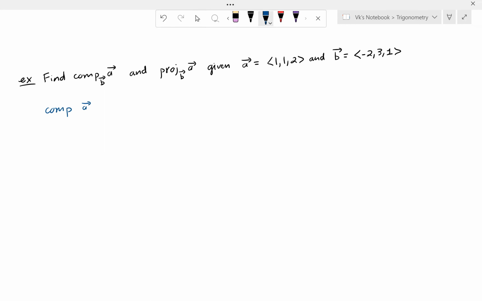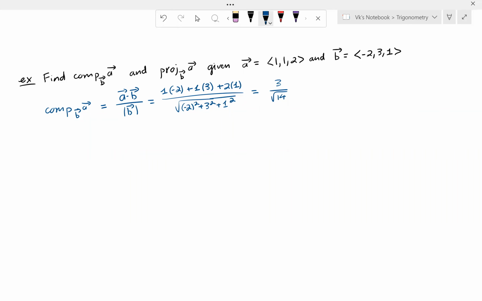The component of A onto B is given by the formula A dot B over the magnitude of B. So that would be 1 times negative 2 plus 1 times 3 plus 2 times 1 over the root of minus 2 squared plus 3 squared plus 1 squared. And this gives us 3 over root of 14.